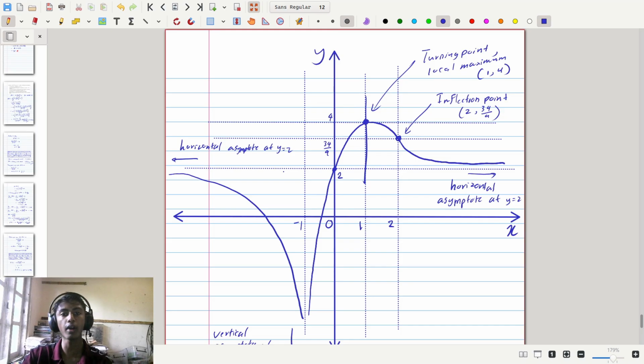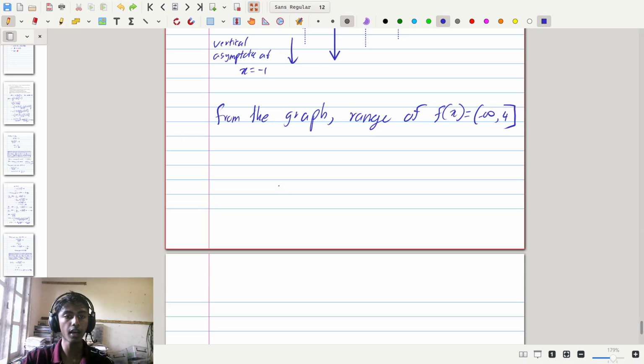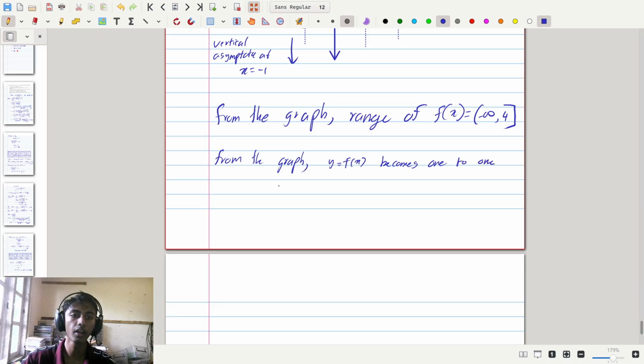Because after x = 1, for any single x value, there is only one y value, and for any single y value, there is only one x value. So due to that, our graph becomes 1 to 1 only after the point x = 1. So from the graph, y = f(x) becomes 1 to 1 after x = 1, i.e.